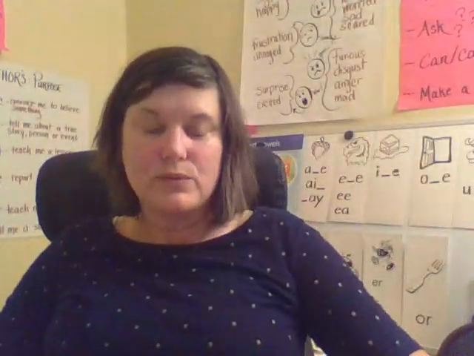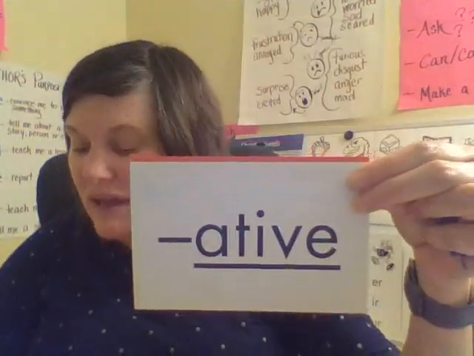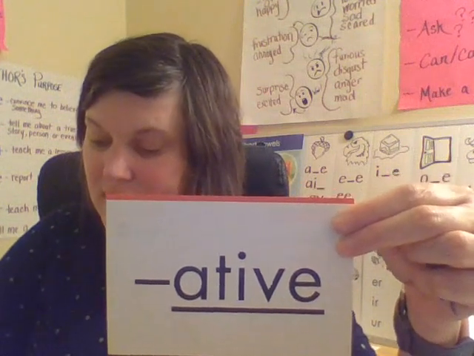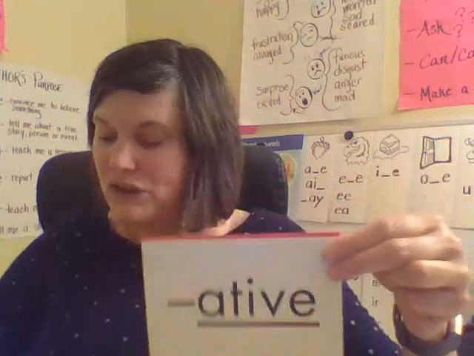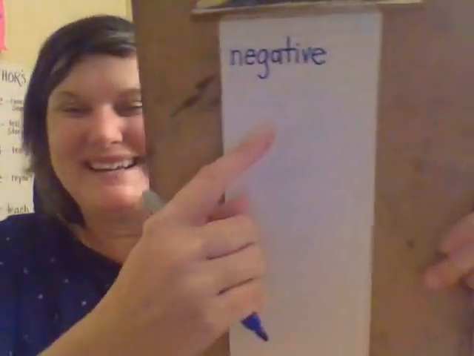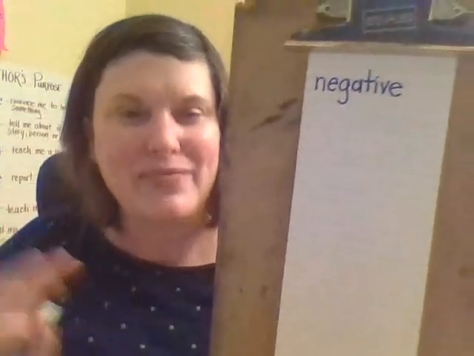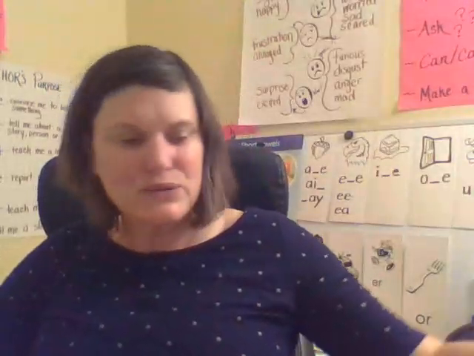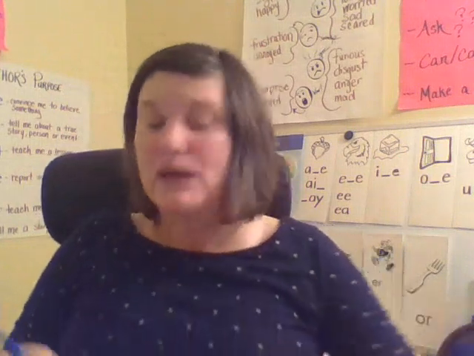And then now we just need to pair that with ative, our sight syllable from today. So add ative to neg. Neg, ative. Don't be negative. That's someone who is thinking bad thoughts, not positive thoughts. Negative. Good job.